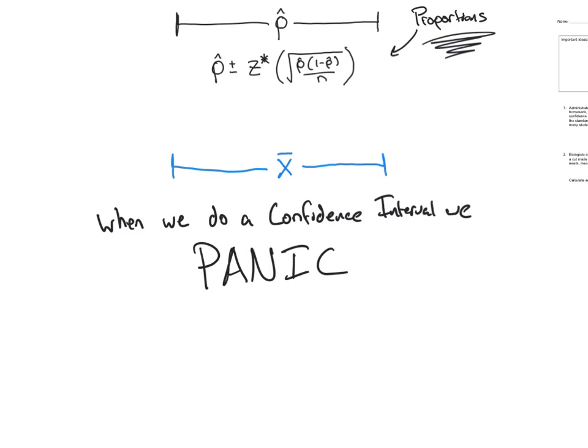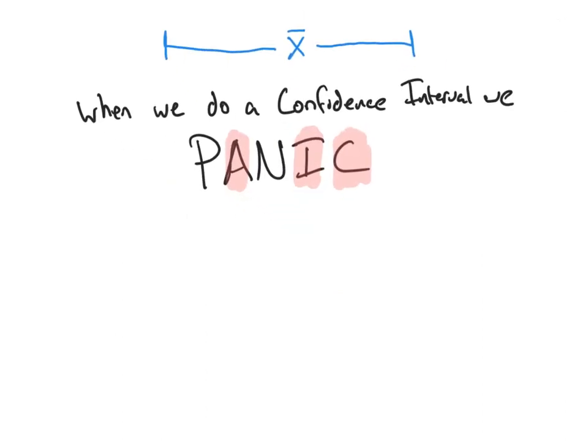And most specifically, the A, the I, and the C, right? What are the assumptions and checks that we need to do? What does the interval calculation look like? And then what conclusion do we write? Right, so that's what we're going to be working on. So we are focused on means now instead of proportions. Structure is the same, with slight differences, all right?